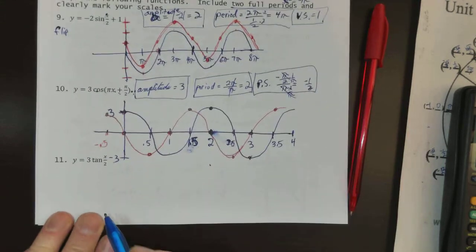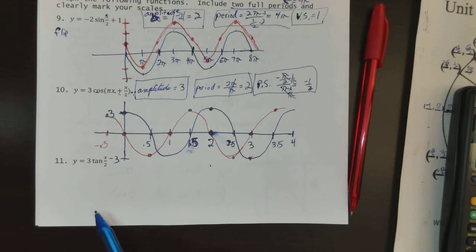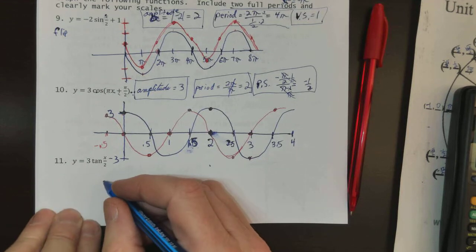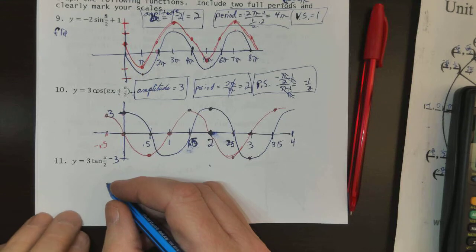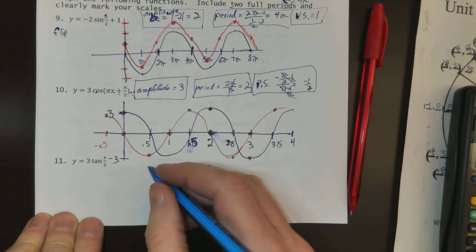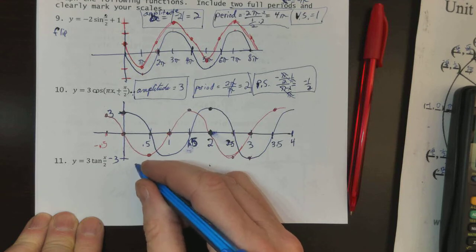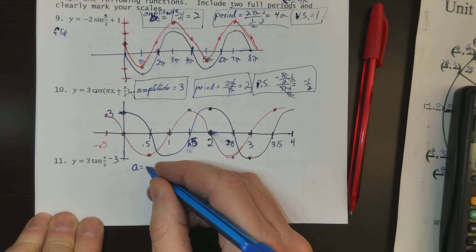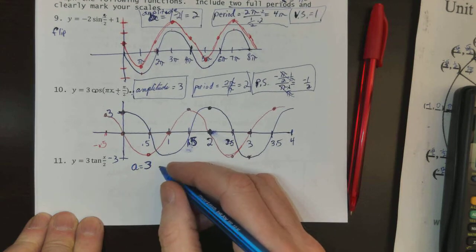All right, y equals 3 tangent of x over 2. This time I am going to look at a value, which is not the amplitude, but it's that point of inflection of 3.